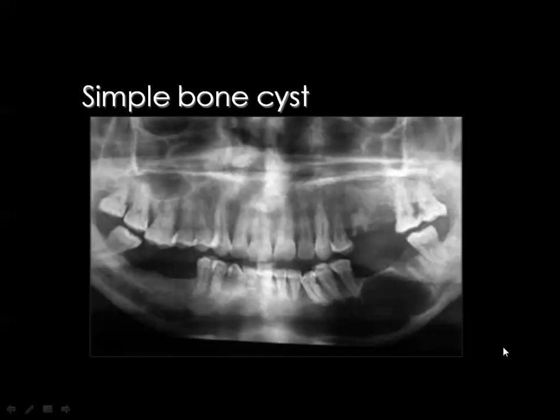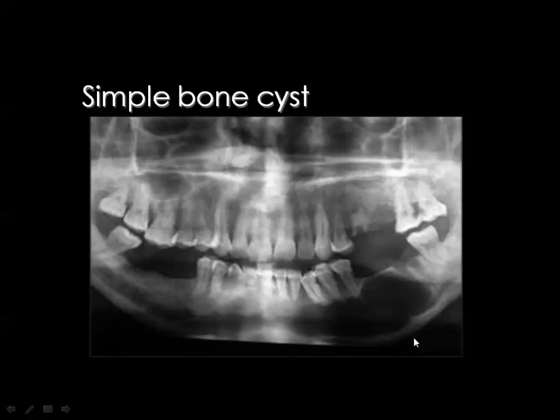It is a cyst-like structure, unilocular, and it contains fluid. From the mandibular panorama or even by CT scan, you are able to see this cystic structure with no internal loculation, and the contents are more or less simple fluid.